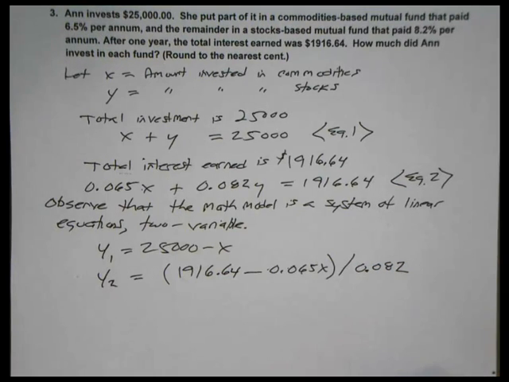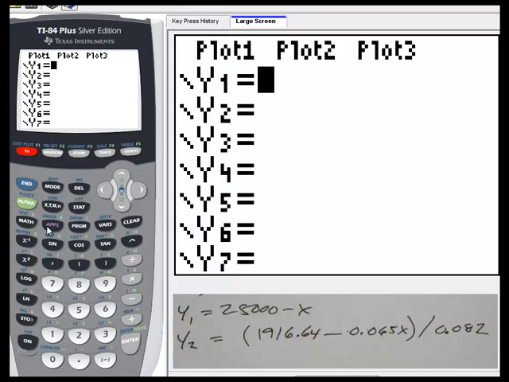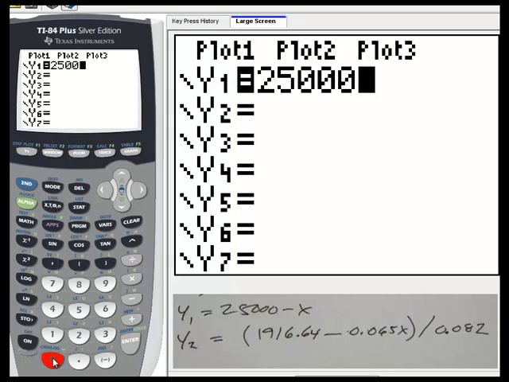And it's time to go to the calculator. At the calculator, let's go to the y equals edit screen, and for y1, 25,000 minus x.